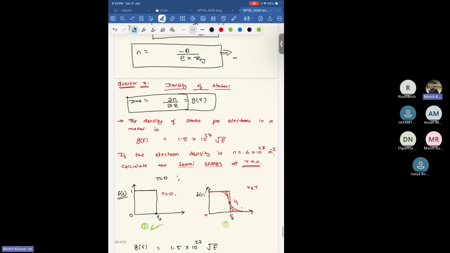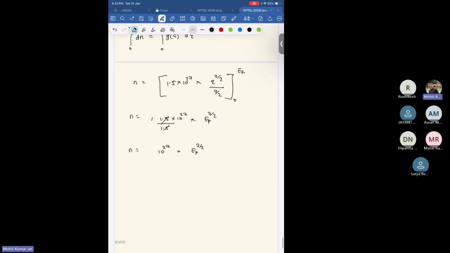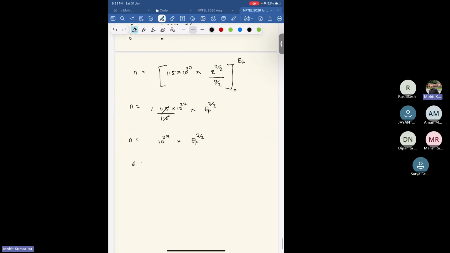You substitute the value of n, which is already given in your question, 6 into 10 power 28. So this will be 60 equals EF to the power 3 by 2. So EF will be 60 to the power 2 by 3.